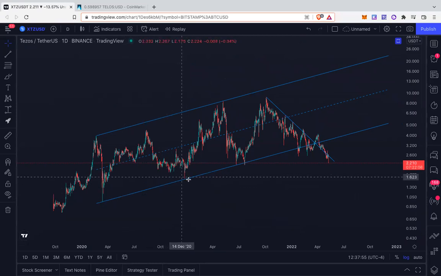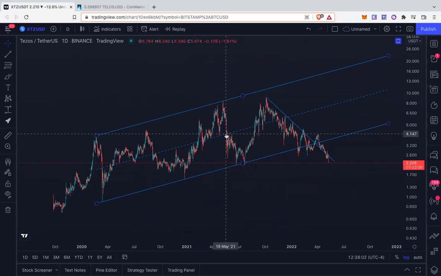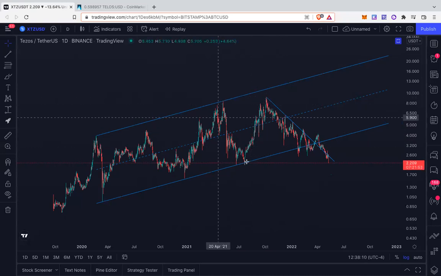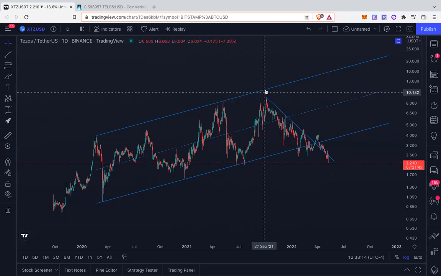You constantly got near and bounced off the demand line of the channel. You hit the top, hit the demand line, then hit the top, and that's technically when you're in these types of channels or in some type of pattern, and you fail to hit the top, you fail to hit that trend line, that is showing you weakness in the market.